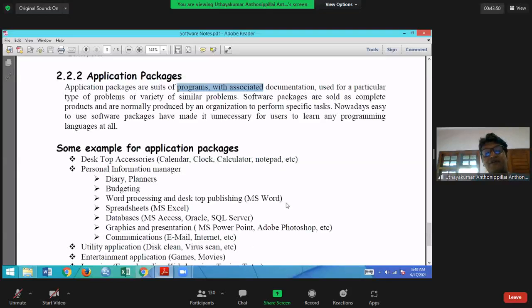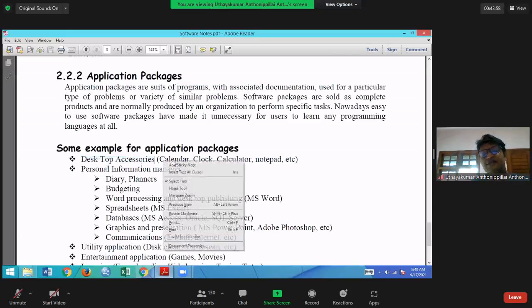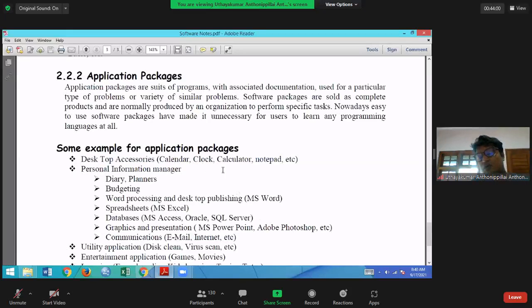Some examples for application packages: desktop applications. When we are using calendars, the clock, calculator, notepad, personal information manager, diary, planners, budgeting, word processing, Excel, databases, graphics and presentation, communication.